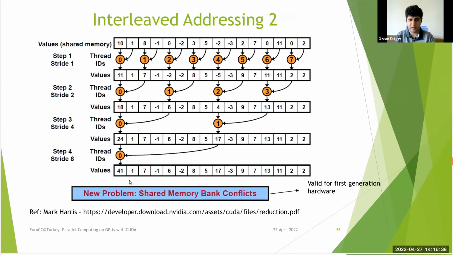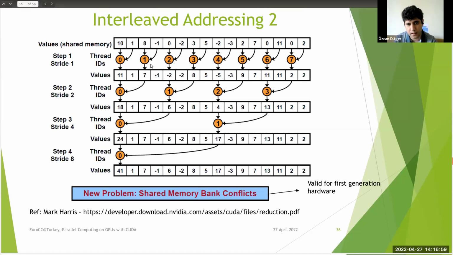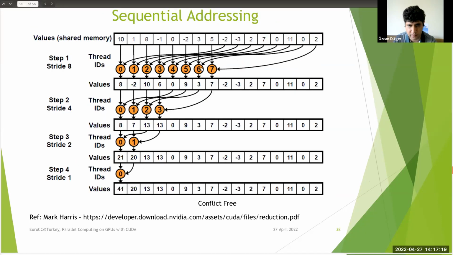Now, but in this approach, a new problem occurred: shared memory bank conflicts. But this problem is valid for first generation hardware, and in this hardware, in this example, we do not face shared memory conflicts. So how he overcame this problem is, he forced the consecutive threads to access consecutive memory locations, like this one.